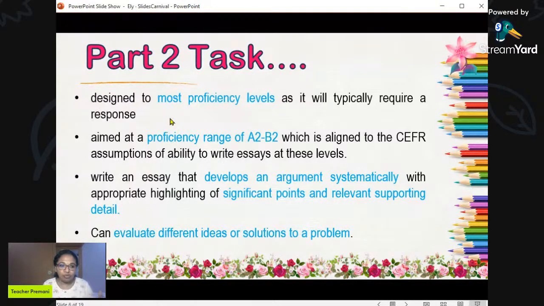I'm not telling lower proficiency students that they must write like professional writers. No. Whatever you can, just write. Simple sentences, carry on, no problem. As long as you write something, you get some marks. The moment you write something related to the topic, you're definitely getting some marks. There is no such thing as zero.